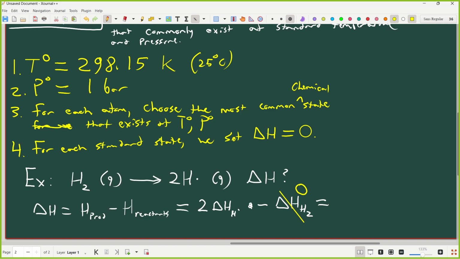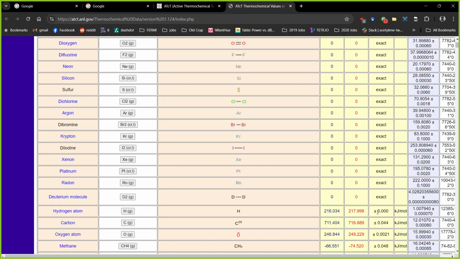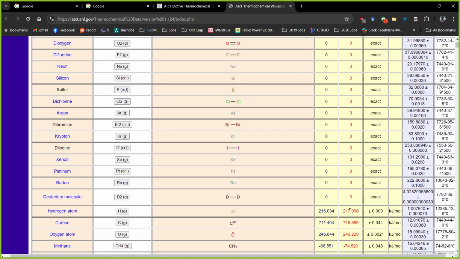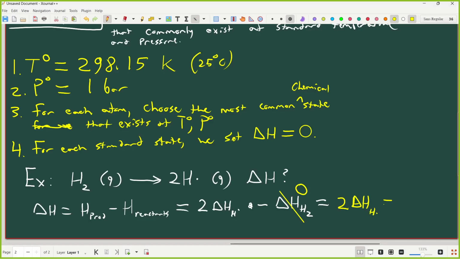That means the enthalpy of the reaction is 2 times the enthalpy of hydrogen, and that number is 217.998. So this is 2 times roughly 218 kilojoules per mole, which is 436 kilojoules per mole. What does this number tell us?